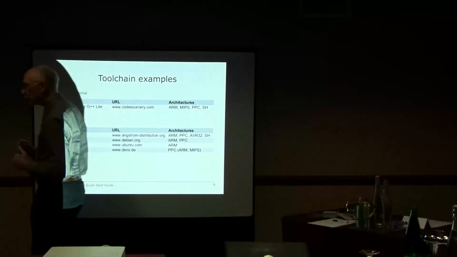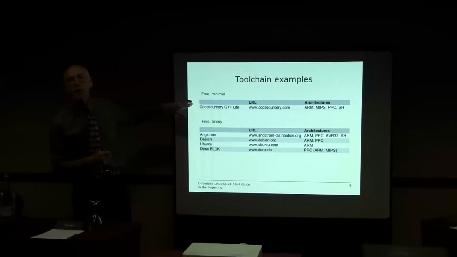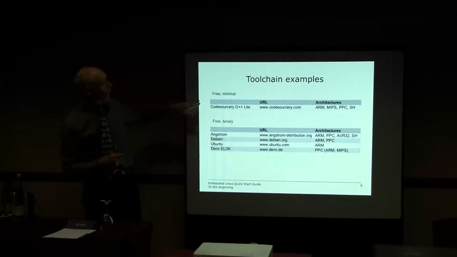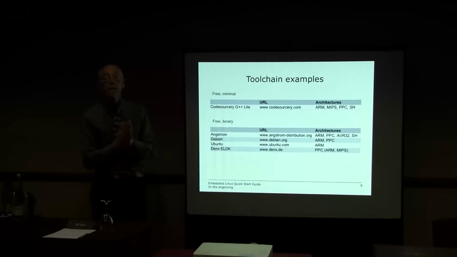So starting over here, we have a company called Co-Sorcery, based not too far from here, I believe. And they do commercial toolchains, but they also do a free toolchain called G++ Lite. Now, it's a very high quality toolchain.